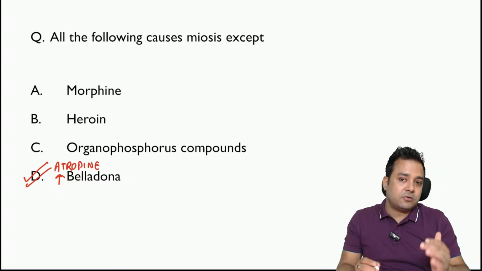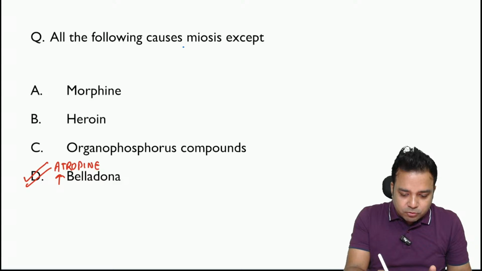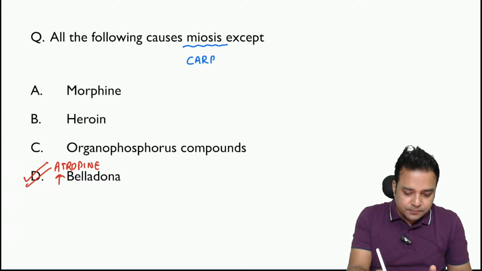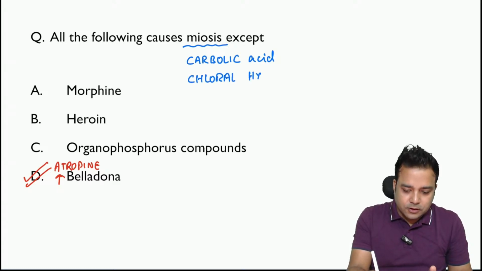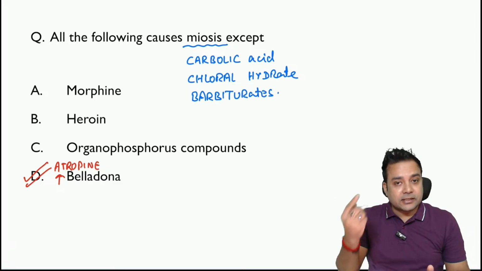So let us do the differentials of miosis here. In relation to miosis, remember carbolic acid, chloral hydrate, then barbiturates are also miotics, barbiturates like phenobarbital, and they are mild acidic drugs also.